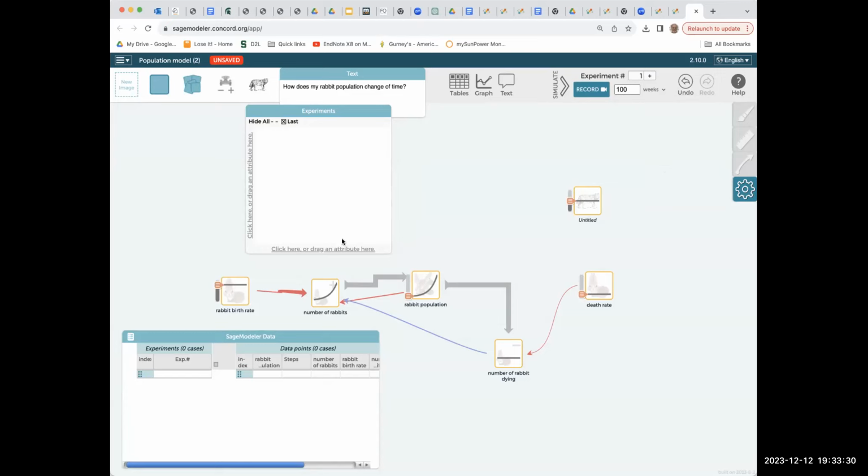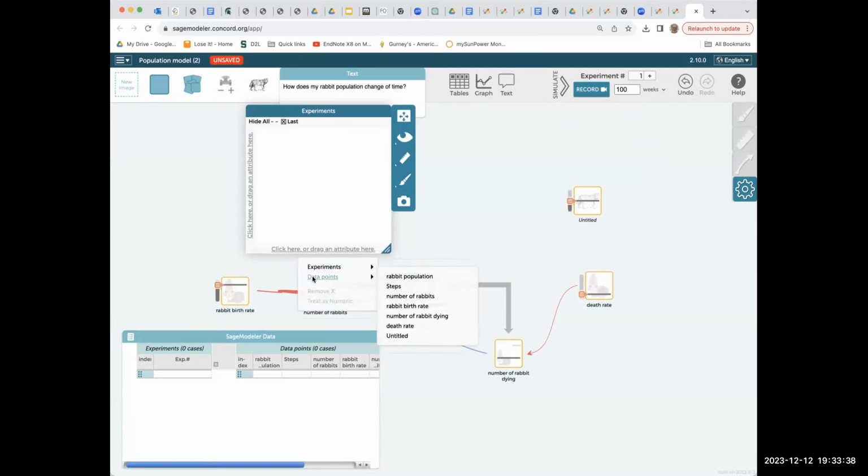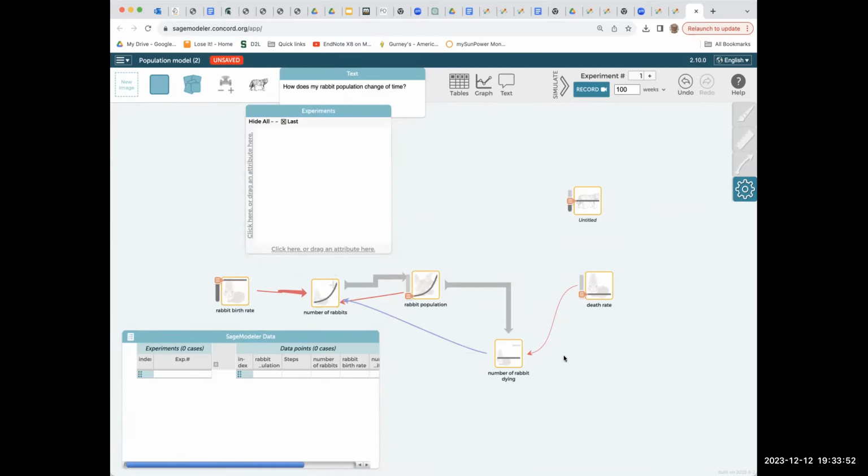So then when I click on this and if I click on my graph and I want to get the data points, I can actually get, maybe because I didn't collect any data yet. Let's collect some data. So I'm going to start with my birth rate high, which is important to notice, but my death rate is just going to be sort of mediocre.